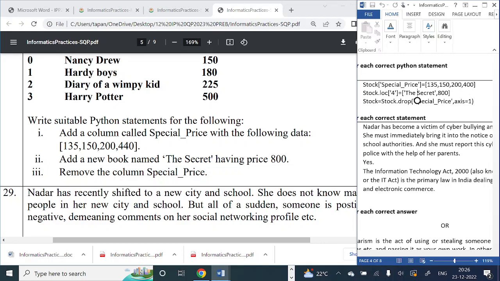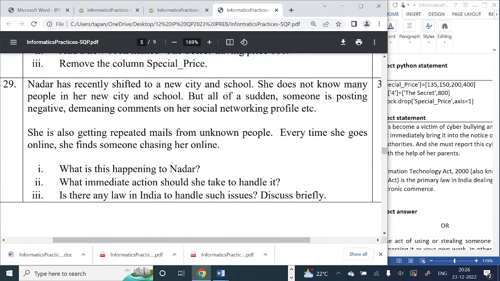Next, question number 29. Nadar has recently shifted to a new city and school. She does not know many people in her new city and school, but all of a sudden, someone is posting negative, demeaning comments on a social networking profile. She is also getting repeated mails from unknown people.